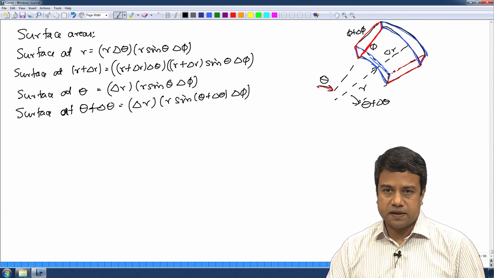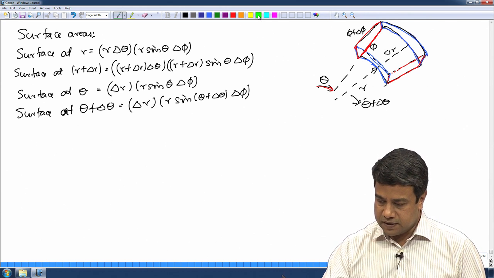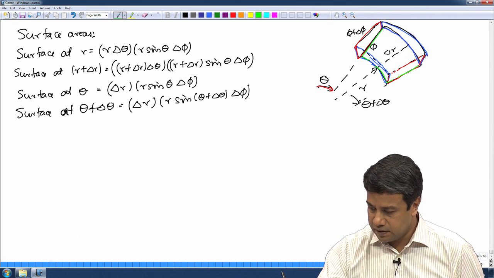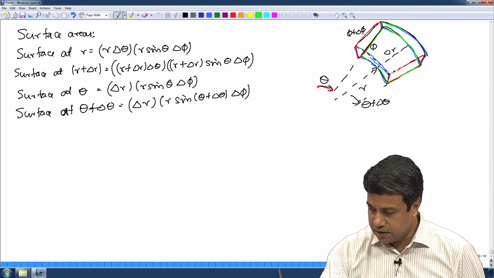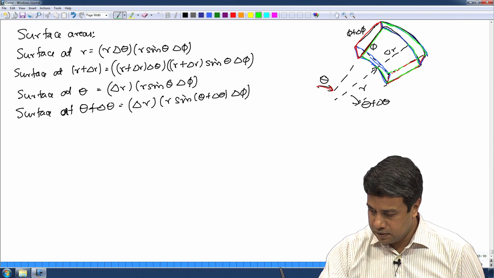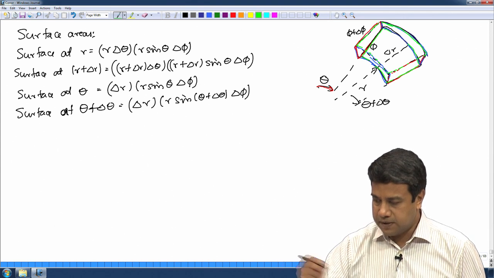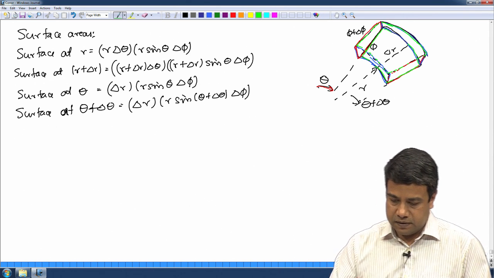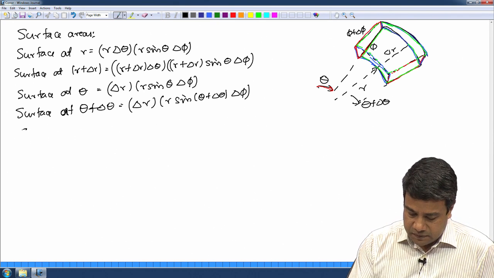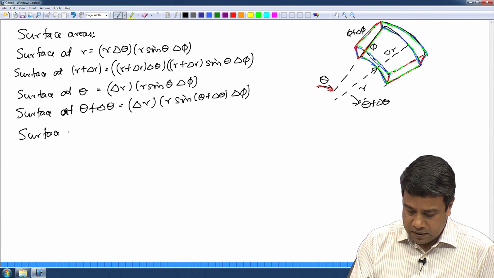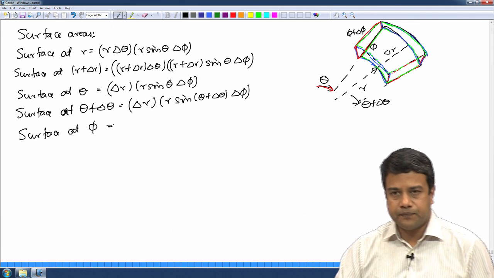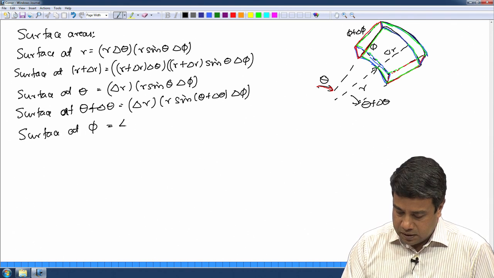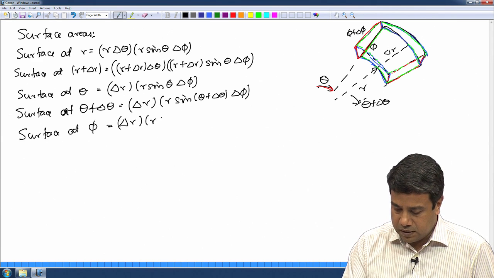Now, there are two surfaces in the phi direction. The surfaces in the phi direction are this surface in front, and similarly there is a surface at the back. Those are the surfaces in which you increment the meridional angle phi. So, the surface at phi is going to be equal to delta r into r delta theta.